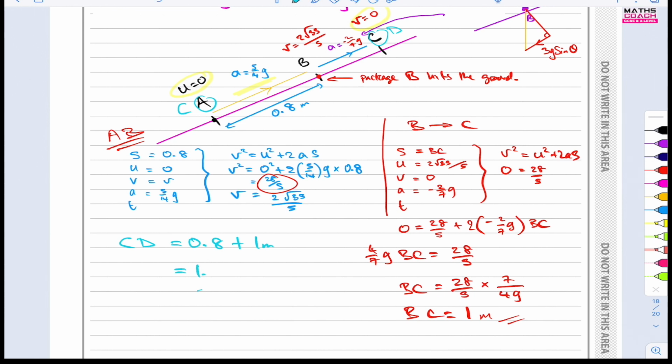So the final answer is 1.8 meters from C to D.